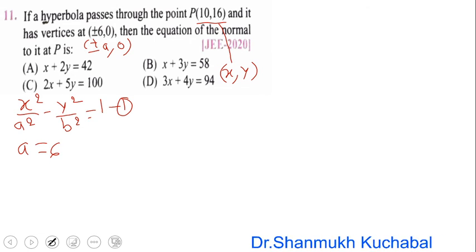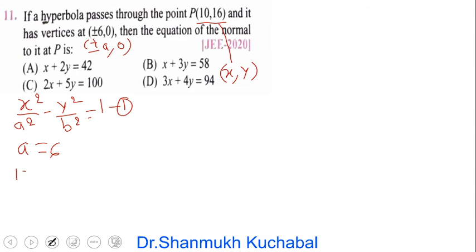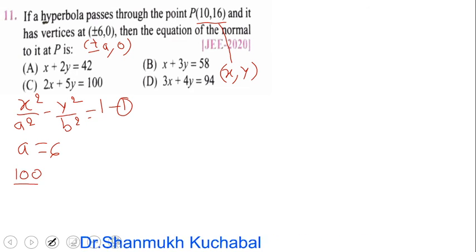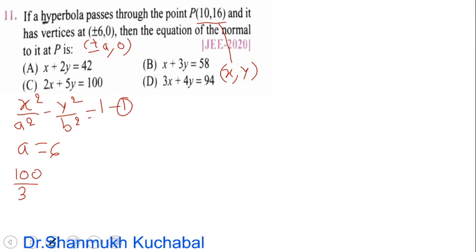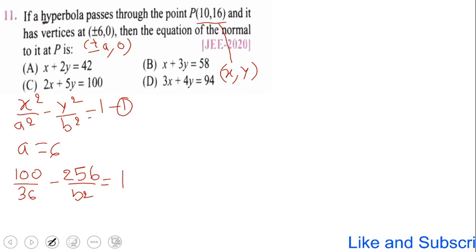So we get x is 10, 10 square is 100 divided by a square 36, minus y is 16, 16 square is 256, divided by b square, equal to 1 here. Then we'll simplify this equation.